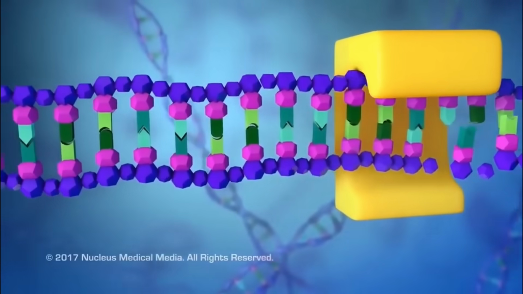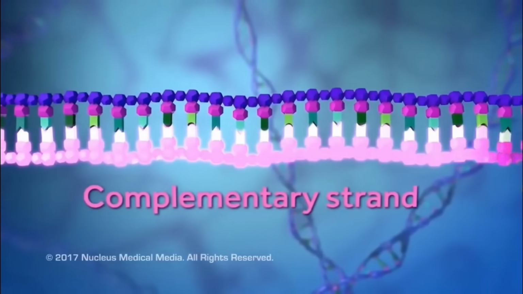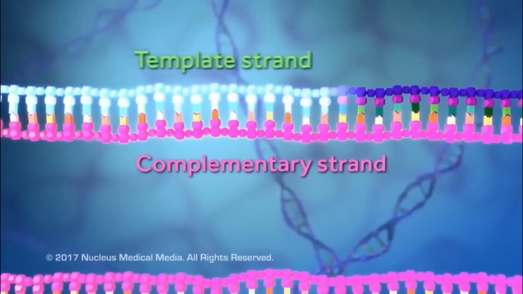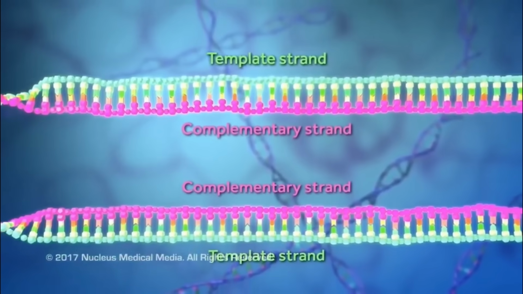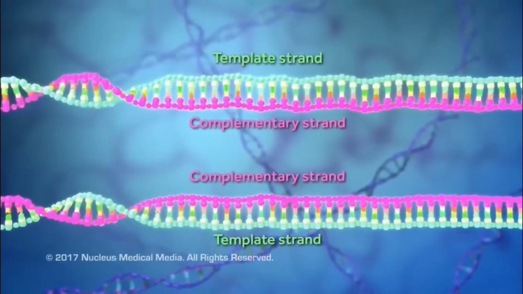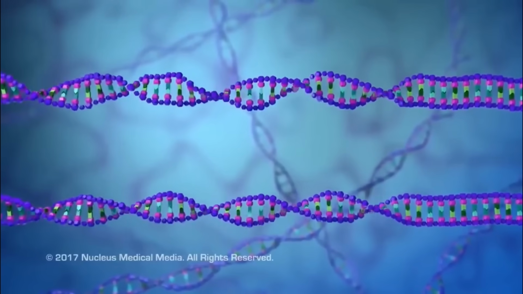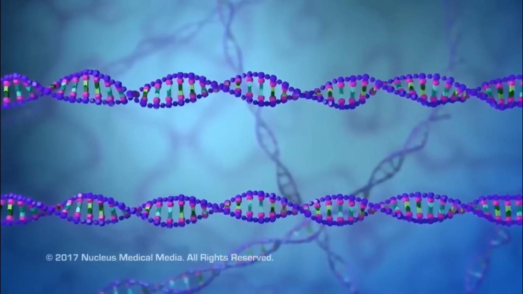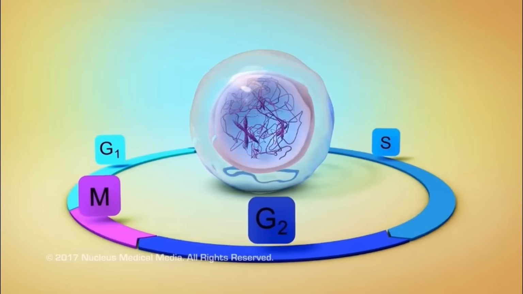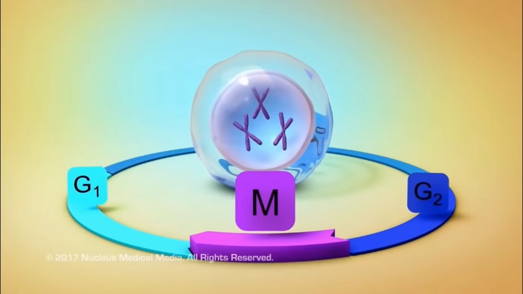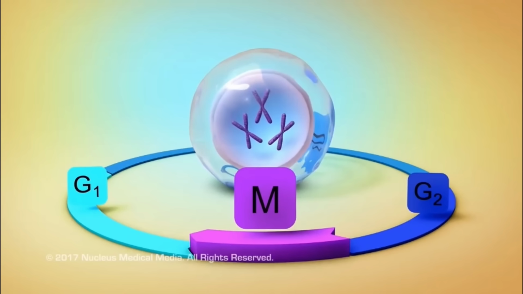So, these newly attached nucleotides form a mirror image or complementary strand on each template strand of the original DNA. As a result of this replication process, two duplicate molecules of DNA are produced from the original DNA molecule. With DNA replication now completed, the cell is ready to begin mitosis. We will cover mitosis in another video.